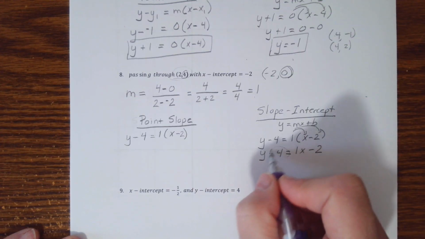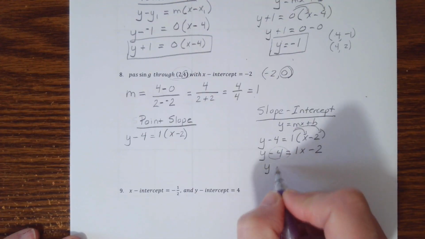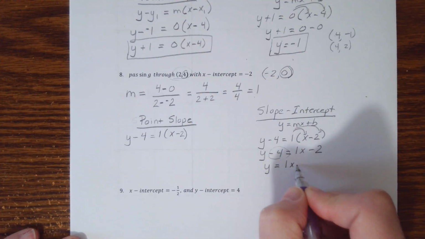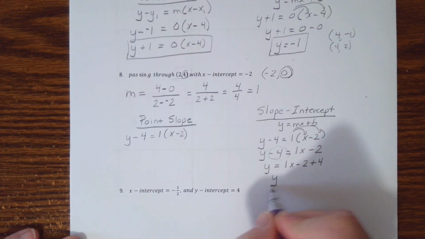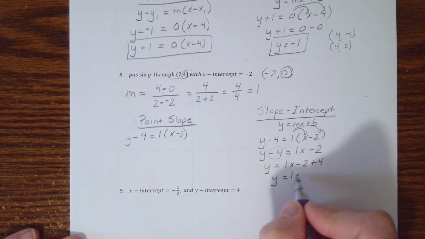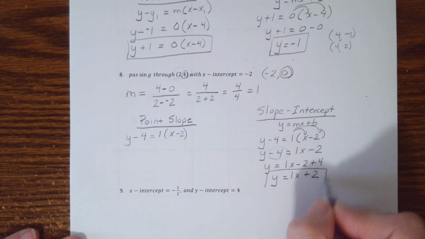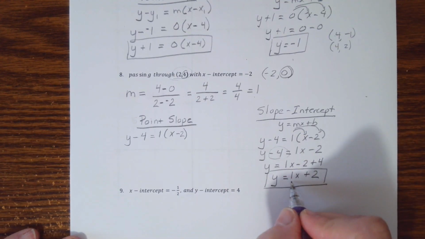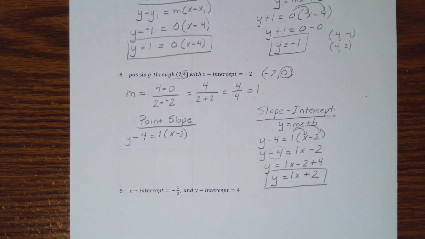I'm going to bring my 4 to the other side, so it's going to become a positive 4. So this would be y is equal to 1x minus 2 plus 4. So y is equal to 1x plus 2. And there is my slope-intercept form. My slope is 1, my y-intercept is 2. All right.